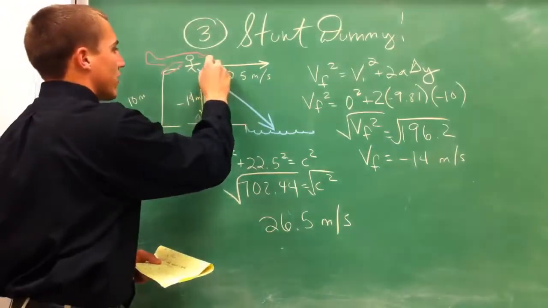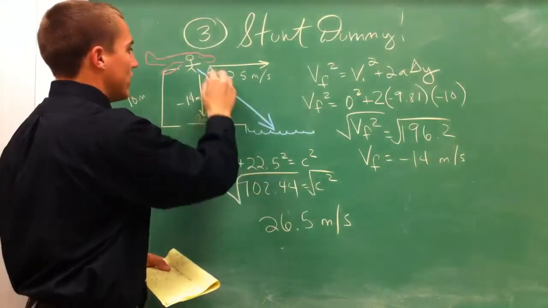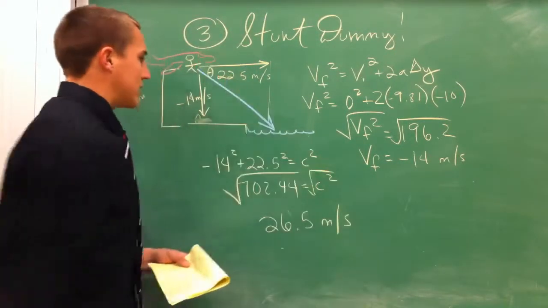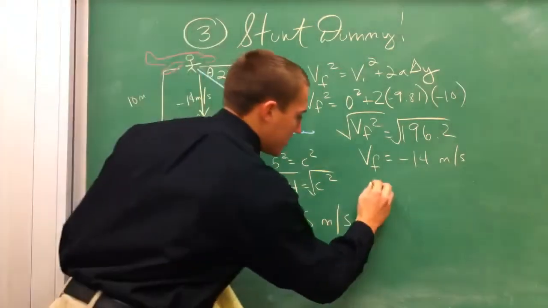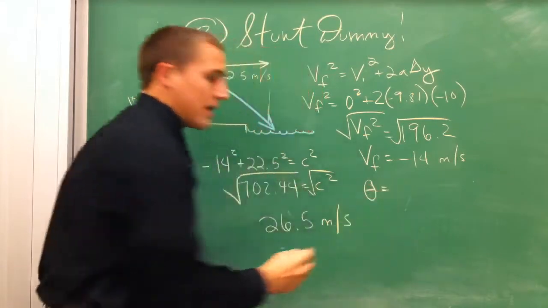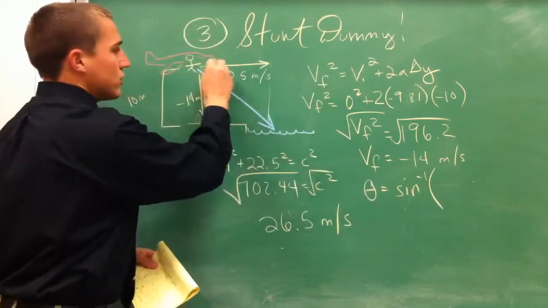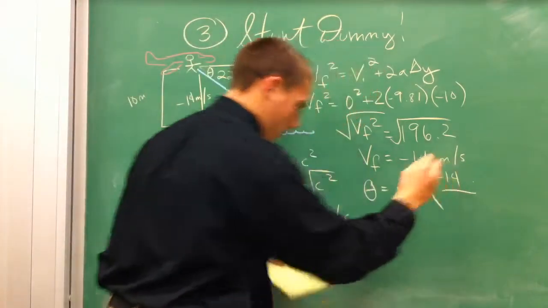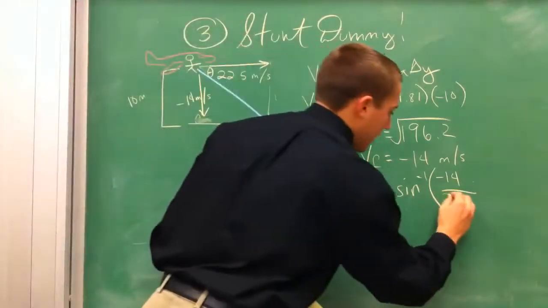So let's use this angle right here as theta, and we now know all three sides of our triangle. We know this is 22.5, this is negative 14, and this is 26.5. You can use any inverse function you would like. I'm going to use the sine inverse. Theta equals sine inverse of opposite, which would be this leg right here, negative 14, over hypotenuse, which we just solved for, 26.5.